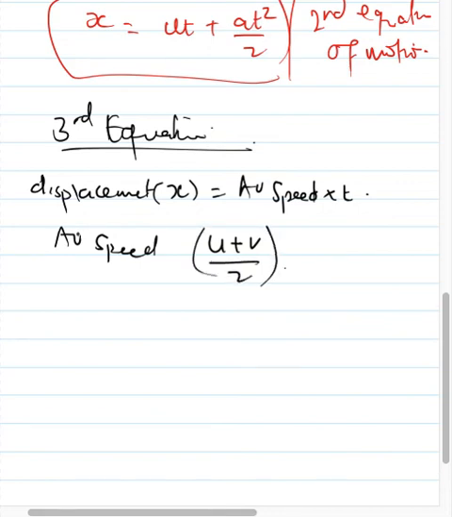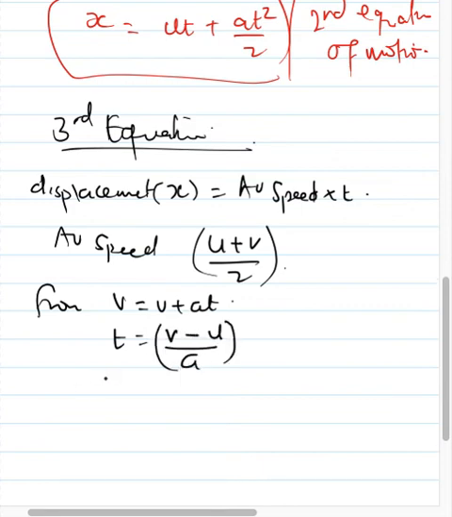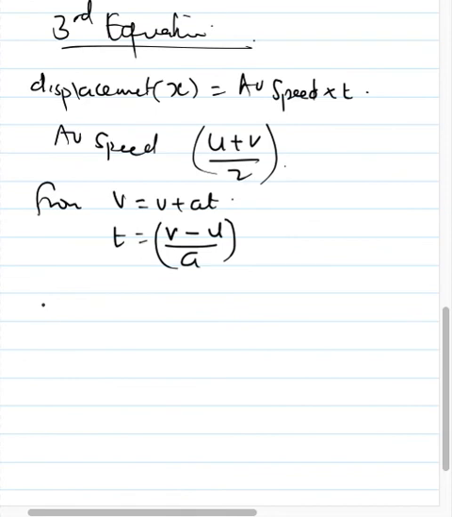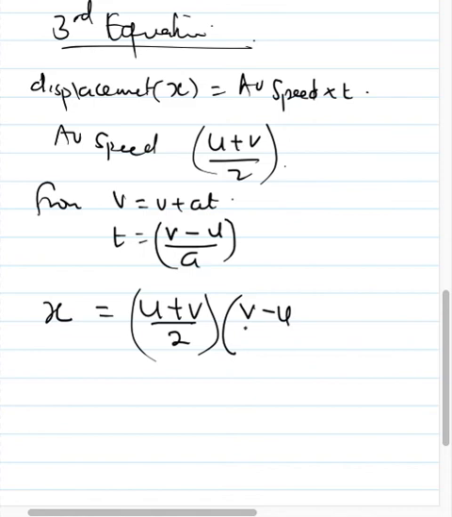From the first equation, v is equal to u plus at, so t will be v minus u over a, making t the subject. So x, the displacement, will be average speed times time, where time is now v minus u over a.